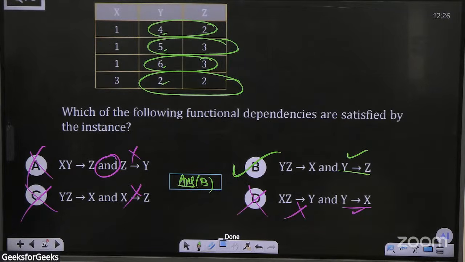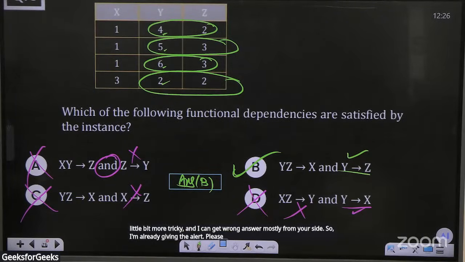Now please, again I'm telling you, the next question is a little bit more tricky and I can get wrong answers mostly from your side. So I'm already giving the alert. Please read this question properly.